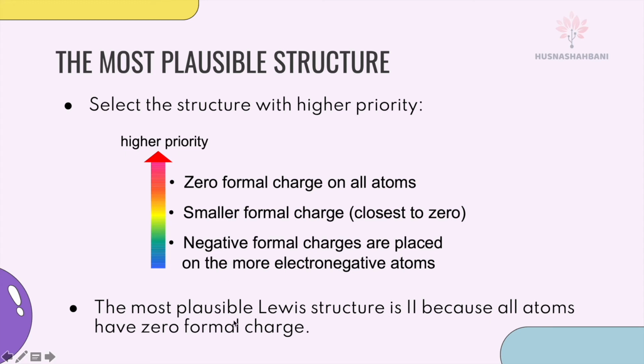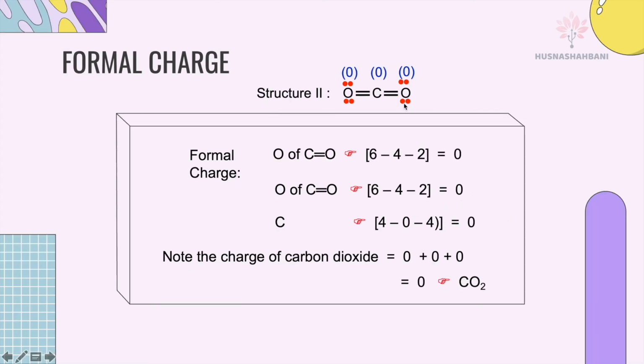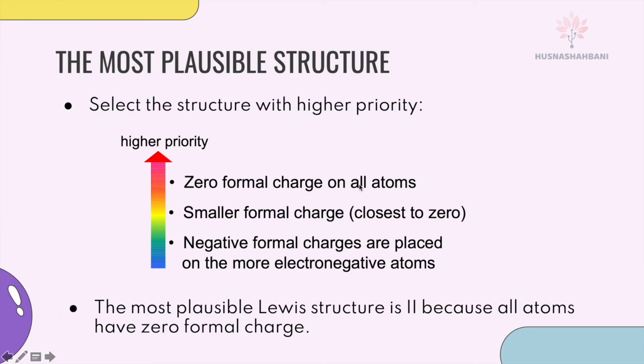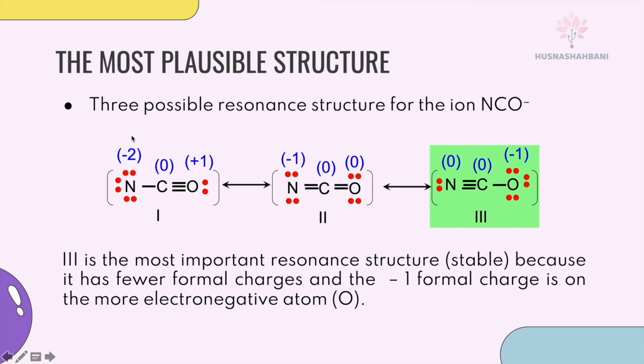The most plausible Lewis structure is structure number 2 because all atoms have 0 formal charge. When you state which one is the most plausible Lewis structure, make sure you give the reasoning. So our reasoning here for this structure is that it has 0 formal charge on all atoms.